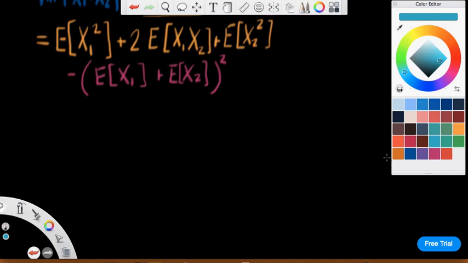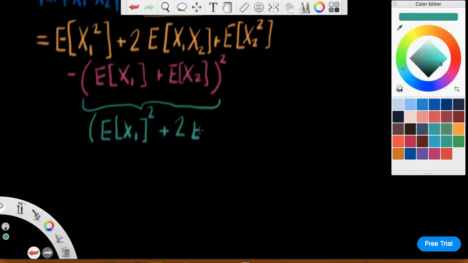So all of this, just that term, is equal to the expected value of x1 squared plus 2 times the expected value of x1 times the expected value of x2 plus the square of the expected value of x2.